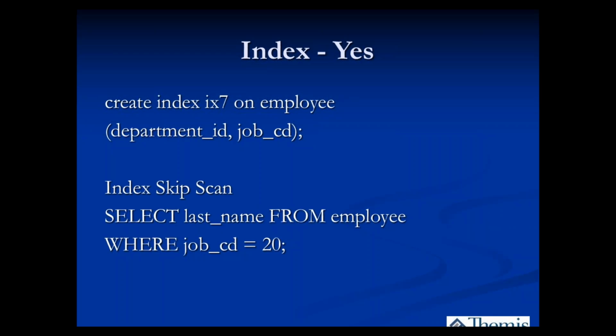So if that leading column were like the order ID in an order table, and I have 1,000,000 orders, and now I have 1,000,000 distinct values, chances are it's not going to do the skip scan.